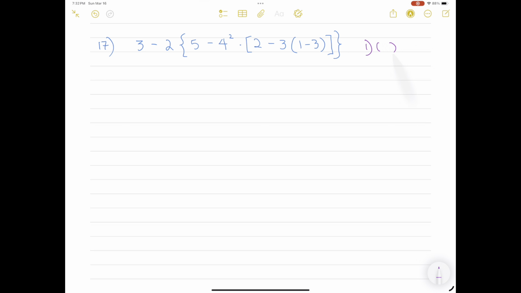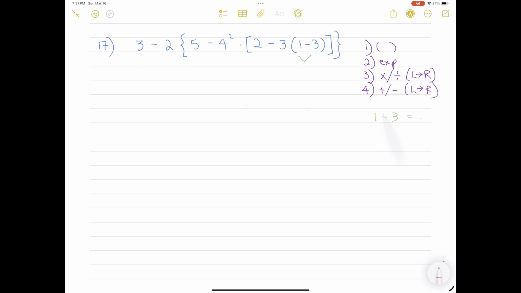Again, it helps by writing down the order of operations on the top of the page to remind myself of what needs to be solved first and in what order. Taking a careful look at problem 17, I see that there is an inside bracket.